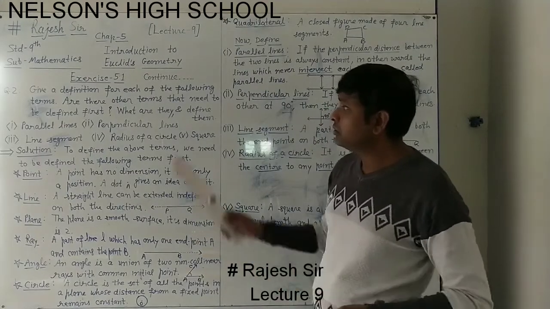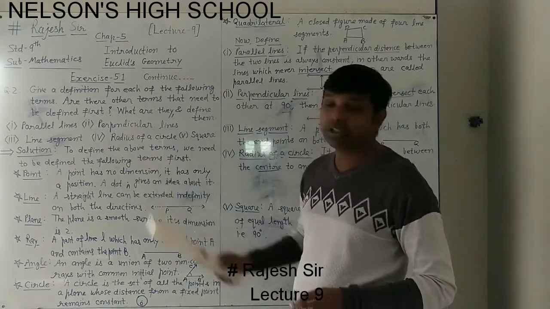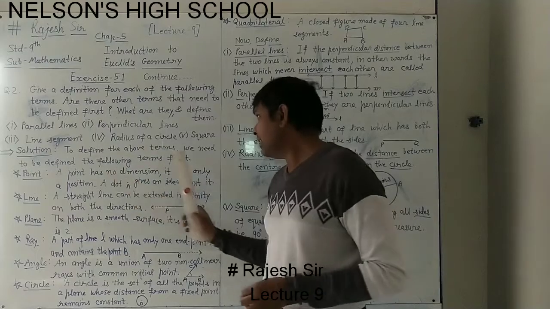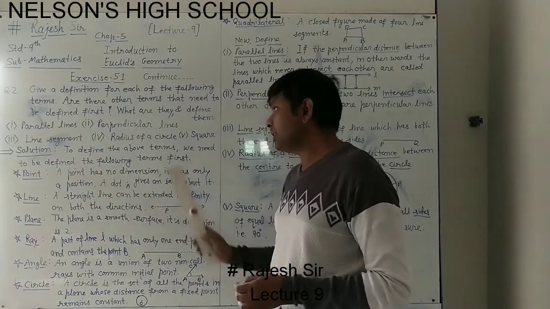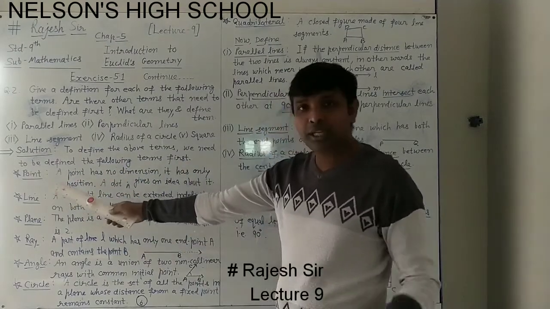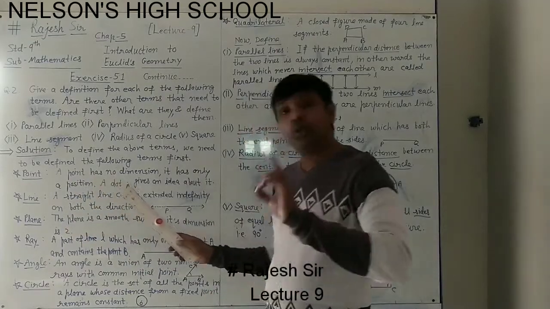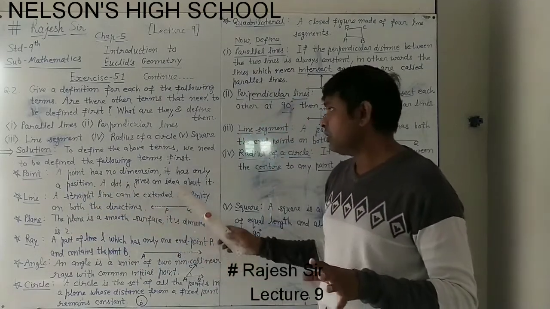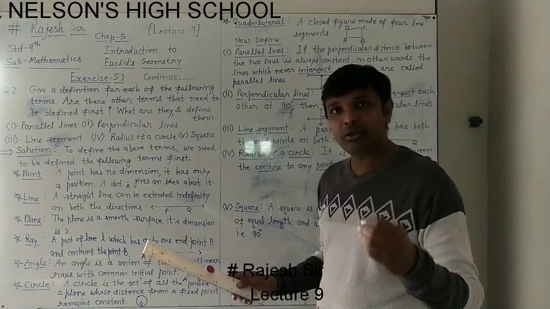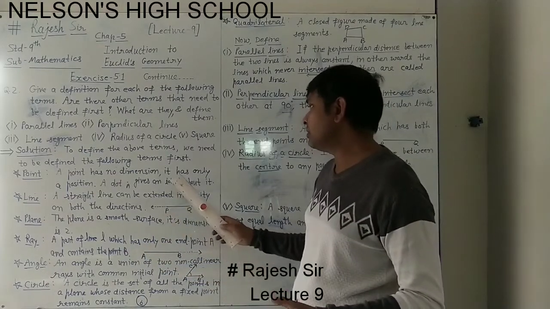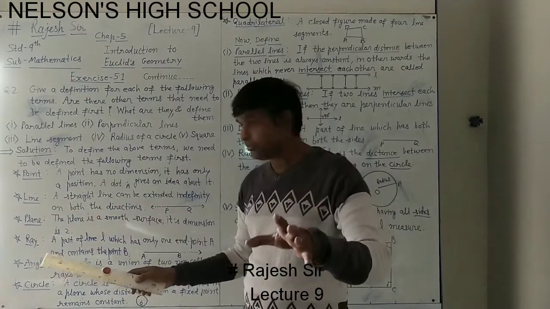Now, which terms are needed to be defined first? These 5. To define the above terms, we need to define the following terms first. The point. As we have seen in the chapter, a point has no dimension, meaning it has no length, no breadth, no height. It has only a position.